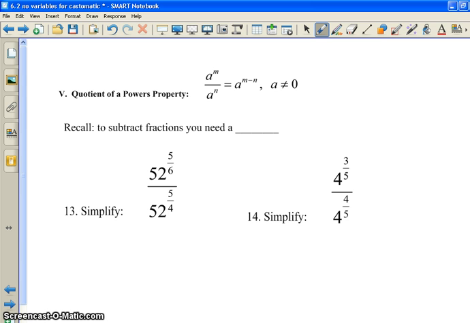Now, when we have the quotient power, as long as we have the same bases, we can subtract the exponents. And again, when you subtract fractions, you need a common denominator. Sorry about that. It's just not quite doing what I'd like it to do.